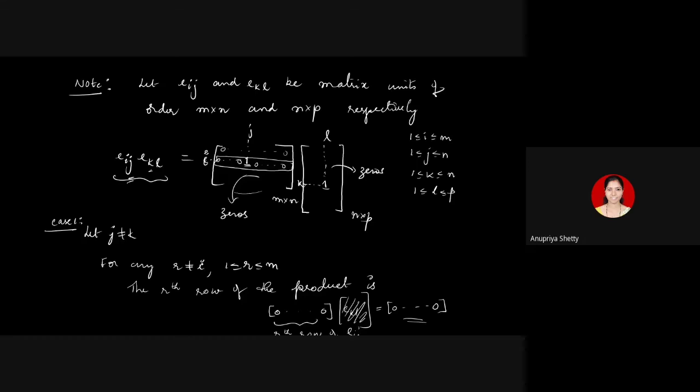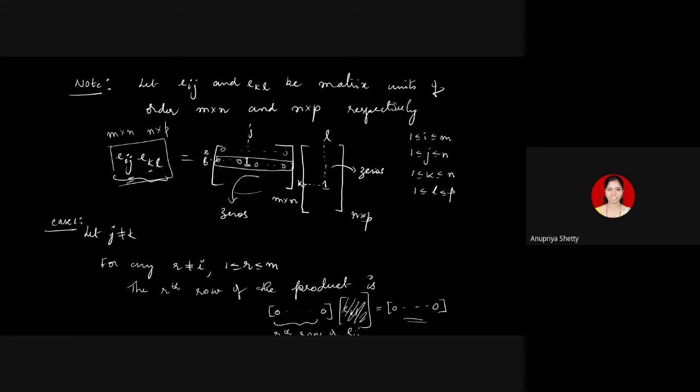other than the ith row. How many rows will the product matrix have? Just look at the order of Eij. It is m by n, and the second matrix is of order n by p. Then in the product, how many rows will we get? M rows.